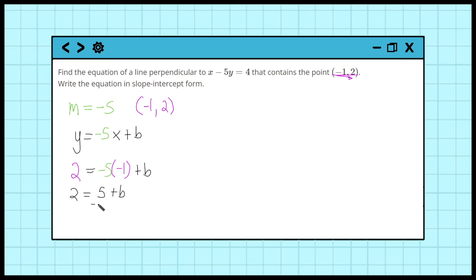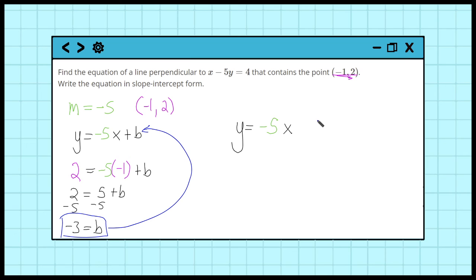To finish solving for b, I'm going to subtract 5 on both sides. And I get -3 is the b value. So this is what I'm now going to substitute into this equation so that it's a complete answer. y equals -5x plus -3, so I would write -3.